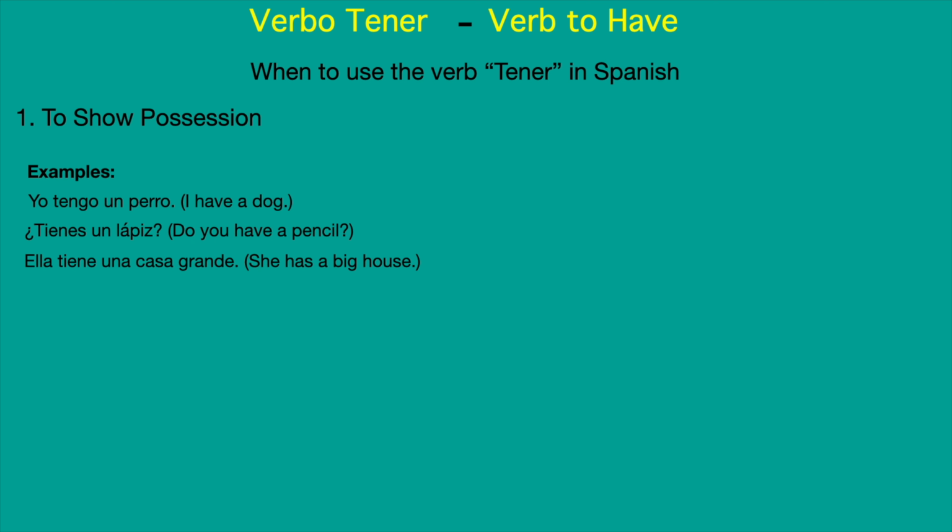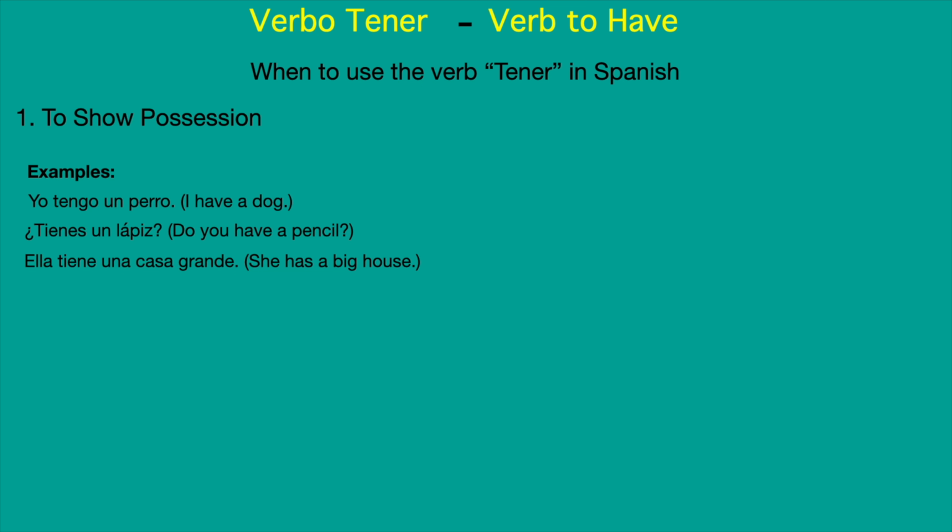Then we have ella tiene una casa grande. She has a big house. Here we are also putting an adjective, just to say how the house is. Ella tiene, she has.